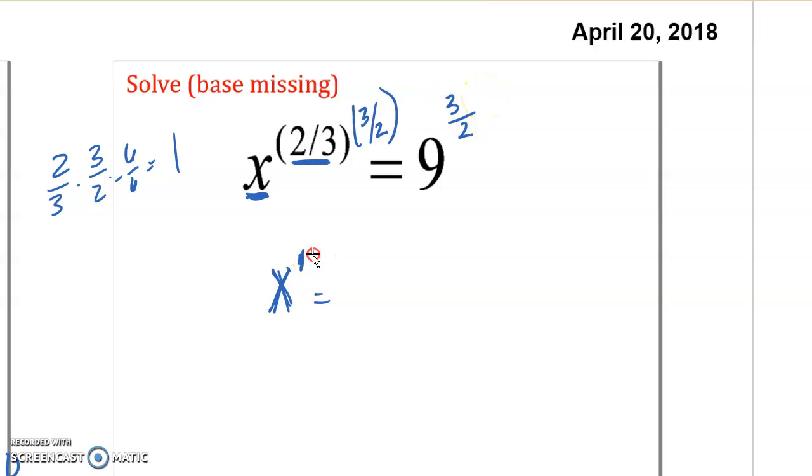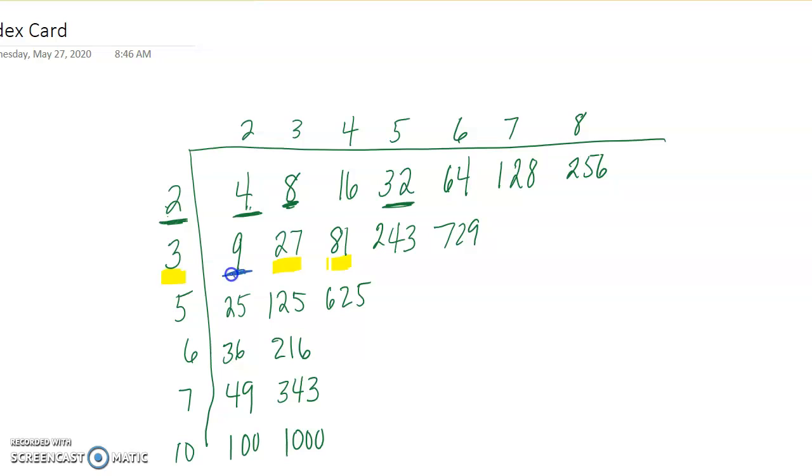So what occurs is now I'm just going to take that 1 out. So now I'm just going to rewrite this as x equals, and now it becomes 9 to the 3 over 2. Well, this is kind of what we have already done. 9 can become smaller. If I look at my index card, here's 9. What is 9? 3 squared.